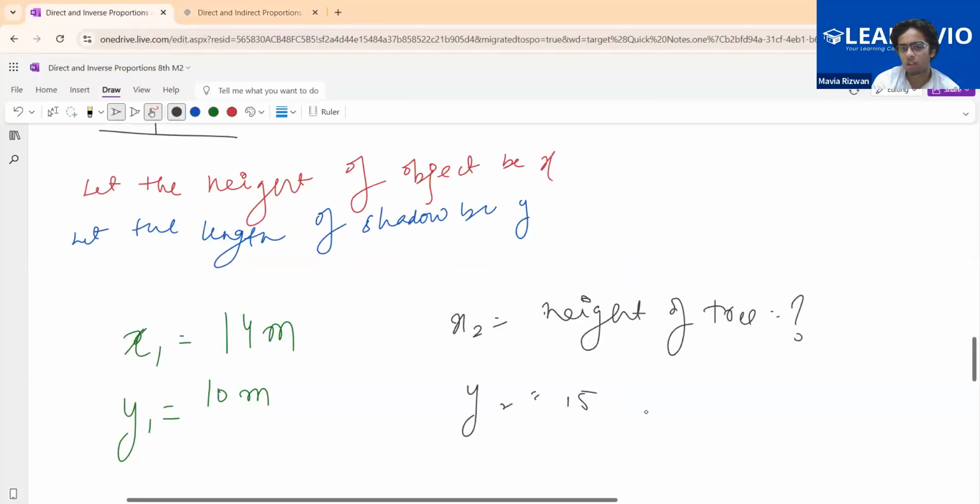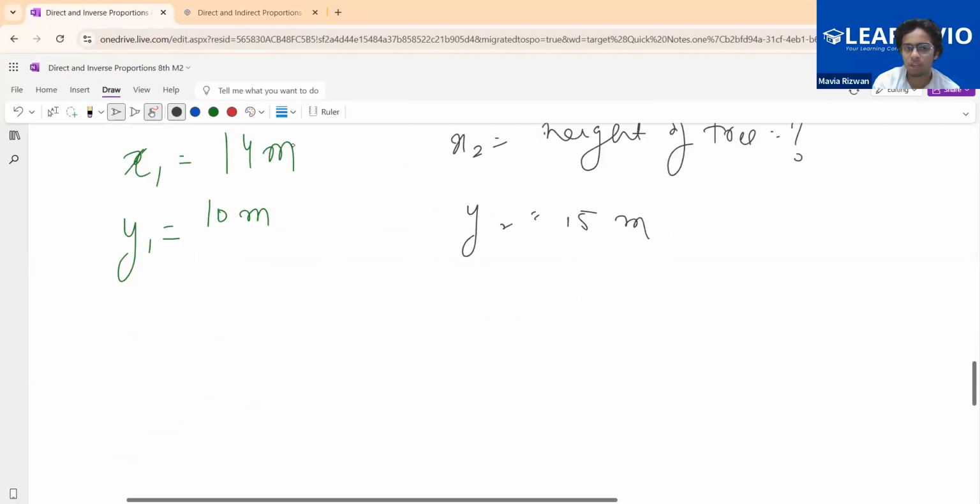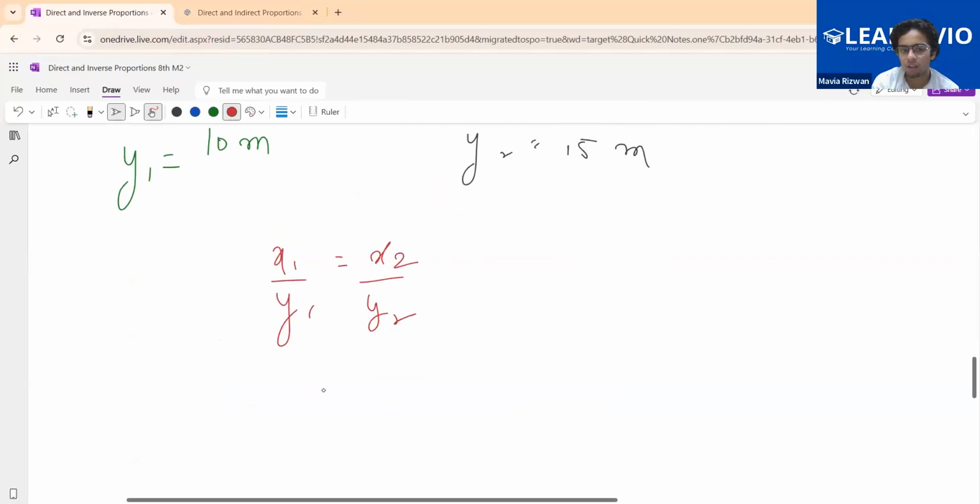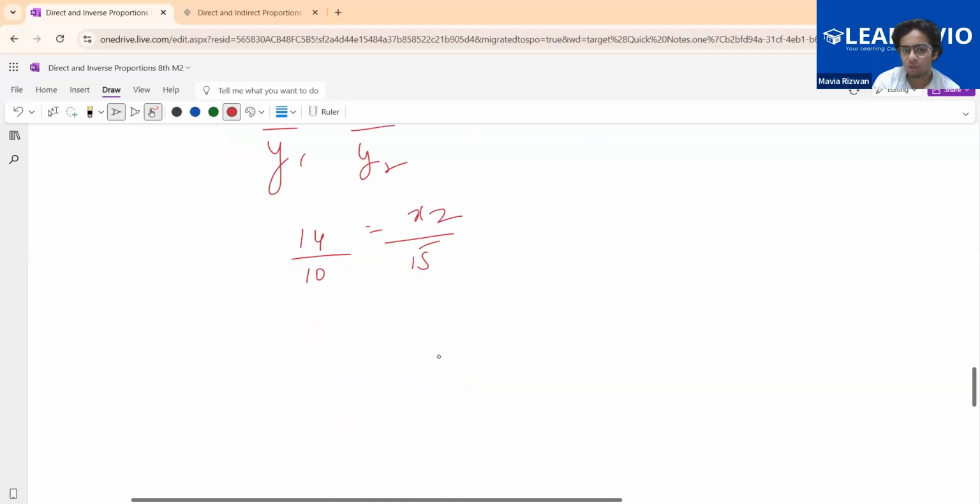We have got all the parameters x1, y1, x2, y2. Put them in the formula. The formula is x1 by y1 is equal to x2 by y2. x1 is 14, y1 is 10, x2 we have to find, and y2 is 15. So x2 is equal to 15 into 14 by 10. 5 2s are 10, 5 3s are 15, and 2 7s are 14.